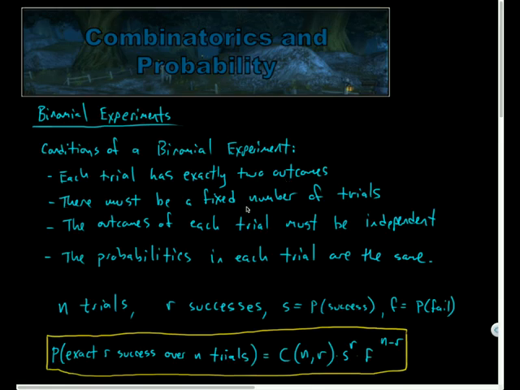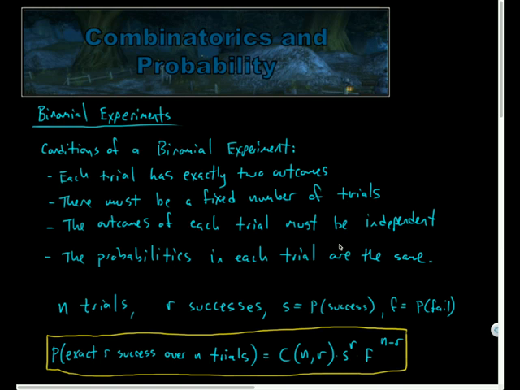There must be a fixed number of trials. In order for this to work, I have to know how many times I'm running the experiment. For instance, flipping a coin 10 times, I know 10 is the number of times I'm going to attempt it. The outcome of each trial must be independent.